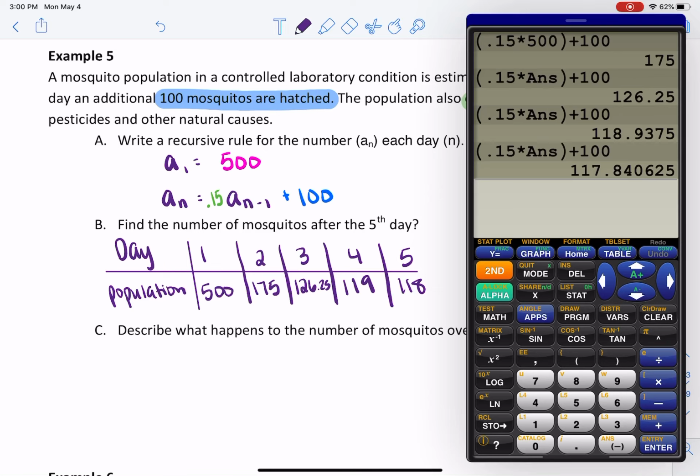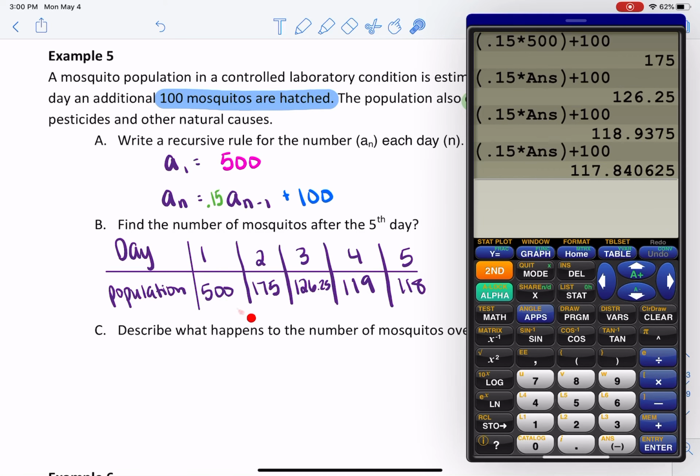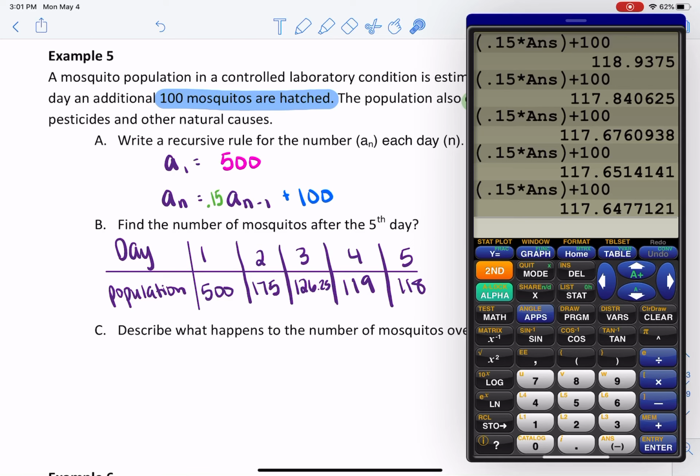Okay, so now it says describe what happens to the number of mosquitoes over time. Okay, well, I mean, it looks like it's going down. And then it kind of stays in this 119, 118. So maybe I'll click enter a couple more times and just see. Okay, so once we hit day 5, the number of mosquitoes pretty much stays the same, right?